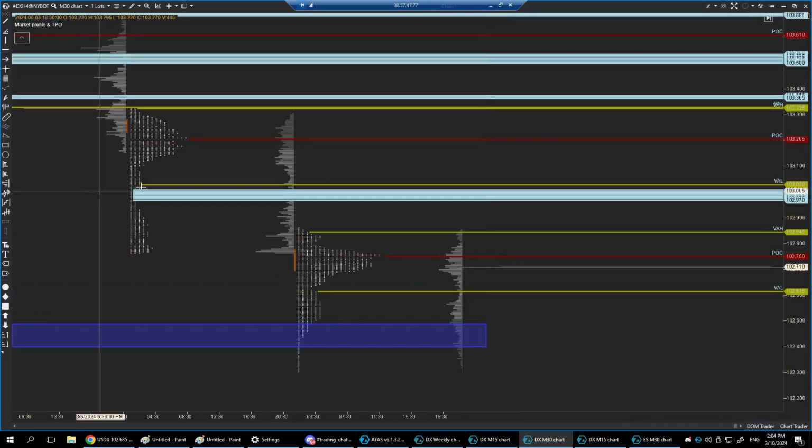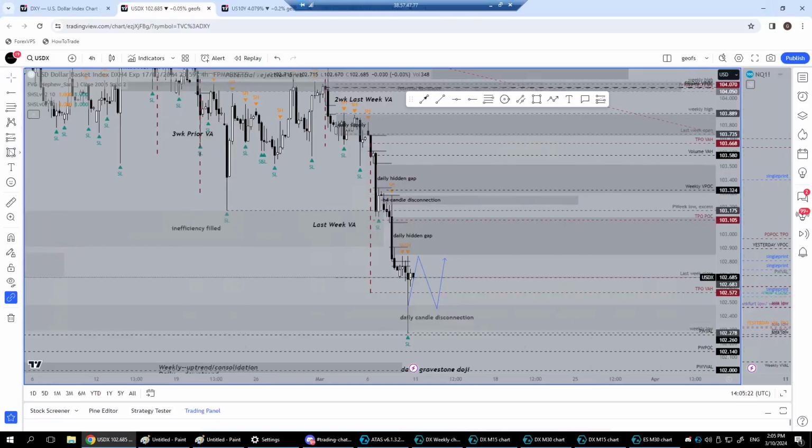Now, just for the next few days of trading, we should obviously note this single print area. Okay, so where's that? 102.965 to 103.010. Is that right?